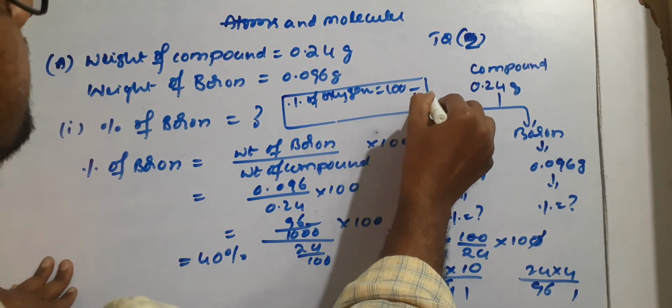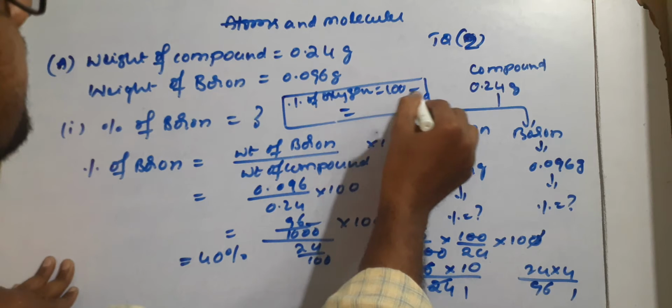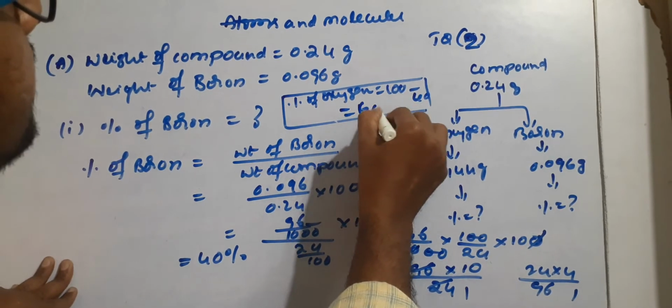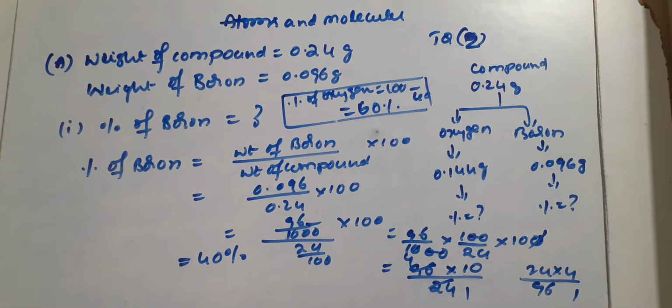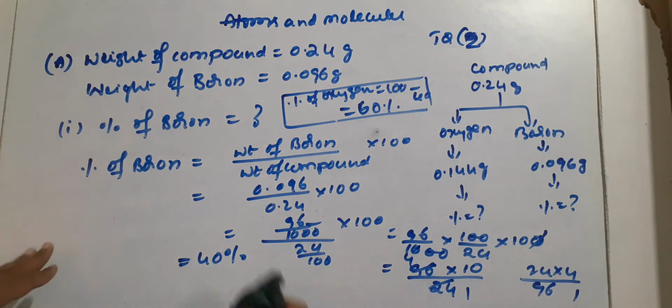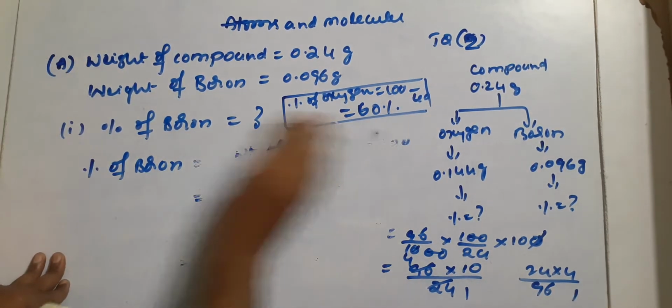Boron percentage is 40, so that is 100 minus 40, 60%. So in this sample of compound, 60% oxygen is there and 40% boron is there. This is the solution for this problem, students. That's all. Next we go to the next problem.